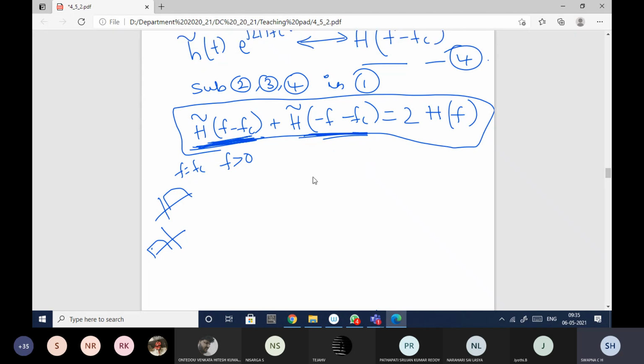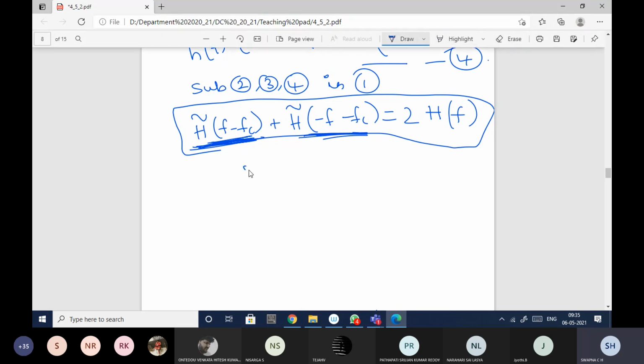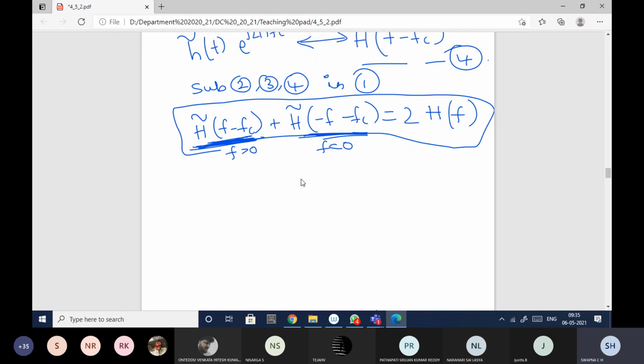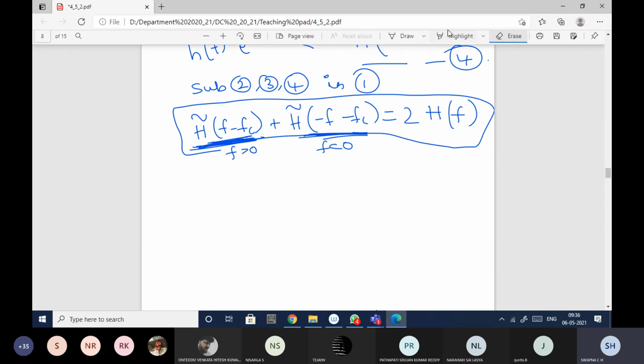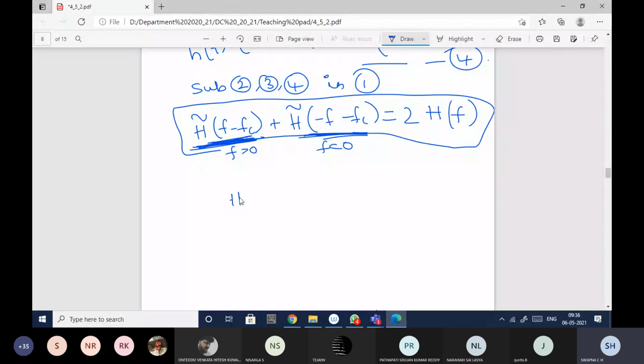So you can write this as 2 h of f, this is for positive frequencies and this is for negative frequencies. So first I'll write this one only, h tilt of f minus fc, which is equal to 2 times h of f.